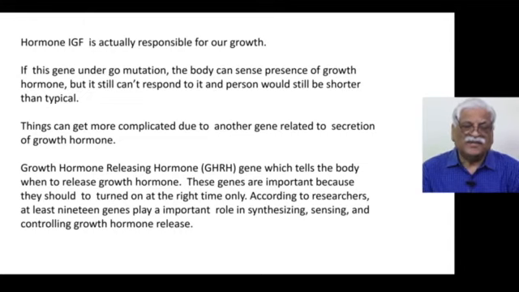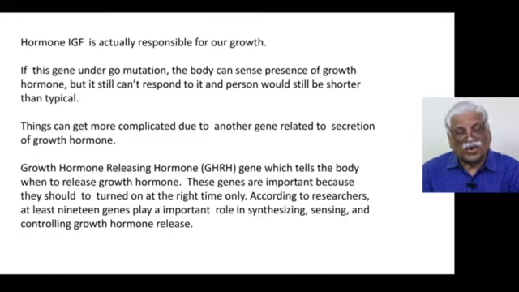This hormone IGF is actually responsible for our growth, or the development of our height. If this gene also undergoes mutation, then what happens? The body can sense the presence of growth hormone in the cell, but it can't respond to it, and the person will still be shorter than someone having a typical height.